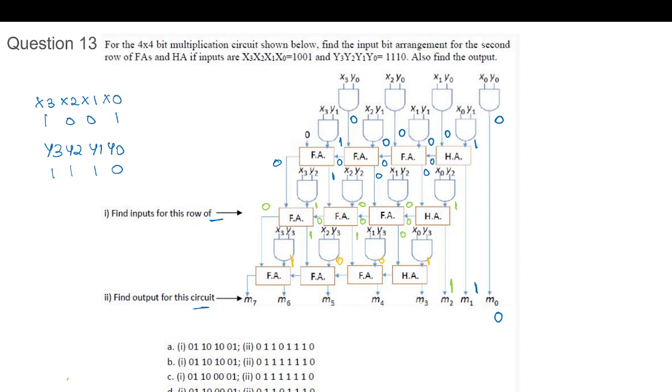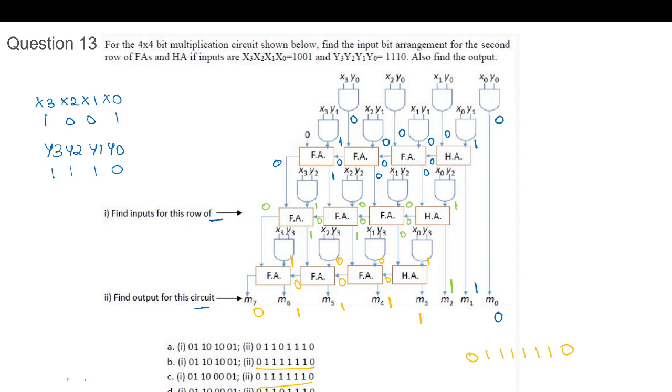So now again the last product, 0 plus 1 is 1. So this will be the answer. So what is the answer? 0, 1, 1, 2, 3, 4, 1, again 2, 1 and 0. So these are both answers.